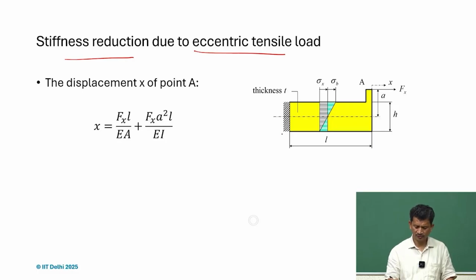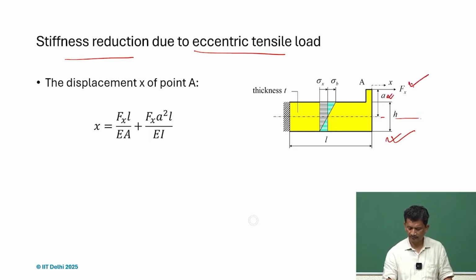So just consider this case, and for instance, this is the neutral axis, and suppose a force is applied at a section at A, which is at a distance A away from the center line. So what happens because of that? There are two things happening.